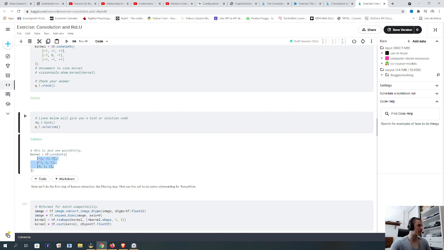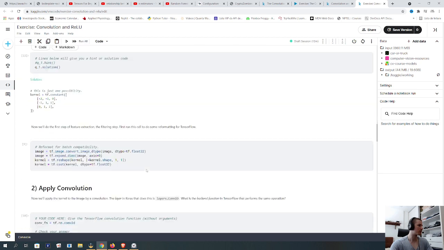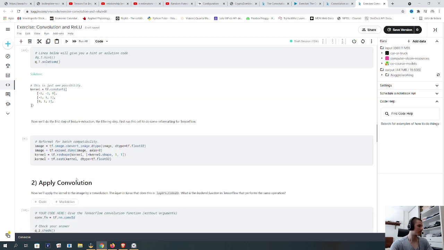So maybe the values that I put are wrong. But it doesn't specify anything about the values. That's what's weird.